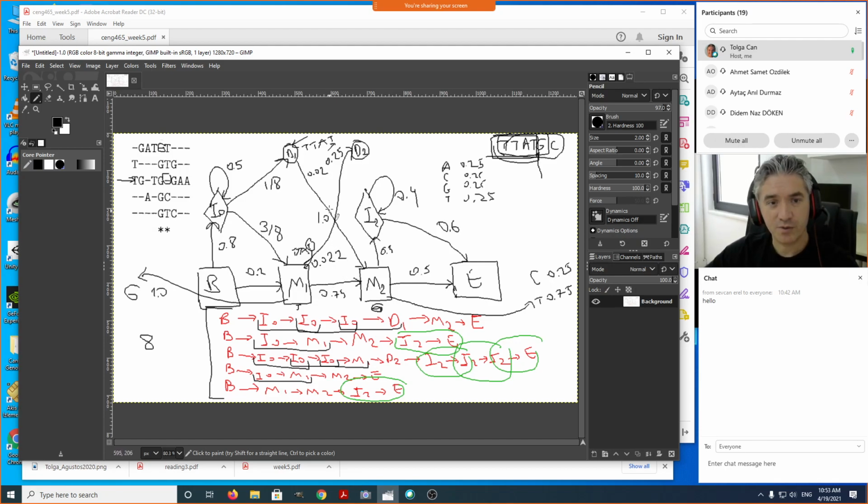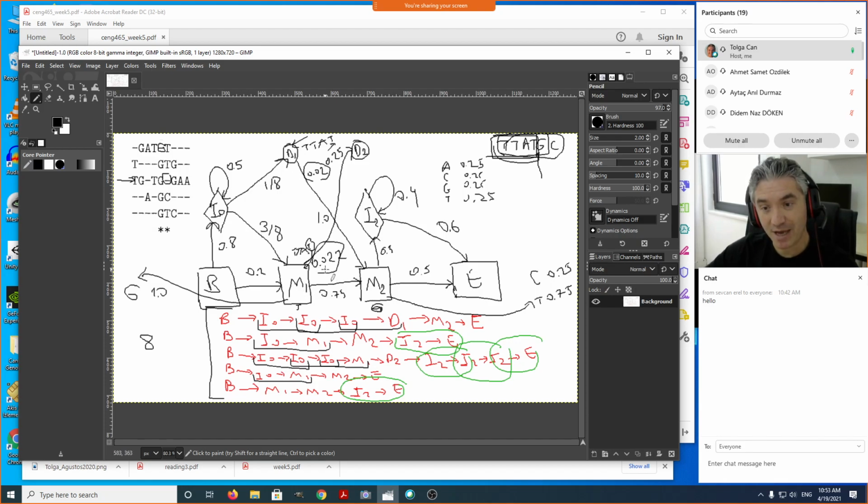Okay, this one is 0.02, and the probability of the best path that ends at M1 and the last symbol that is observed is T in both cases. So I'm trying to figure out the best path to reach M2. I need to compare these two paths and their probabilities.